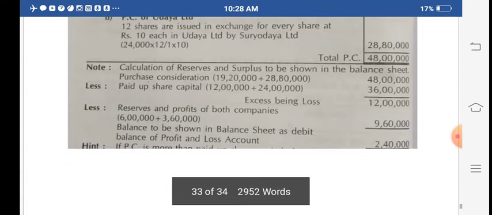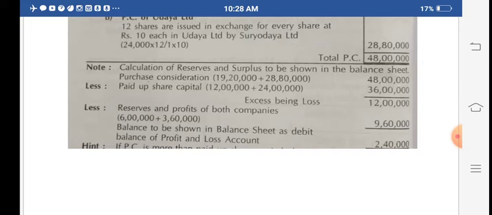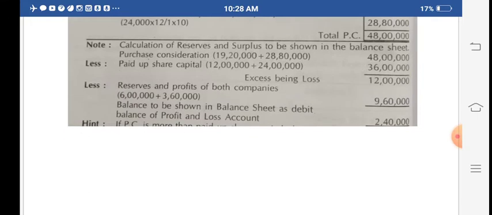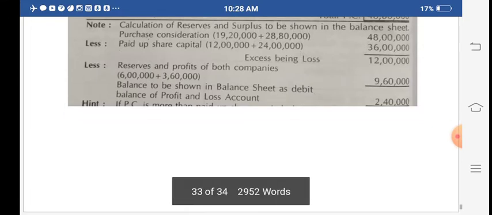Now they are adjusting this in the reserve and surplus. How many rupees are they going to adjust? Just see, the reserve and profit of both the companies: 6 lakh plus 3,60,000, the total is 9,60,000. So now just adjust it.